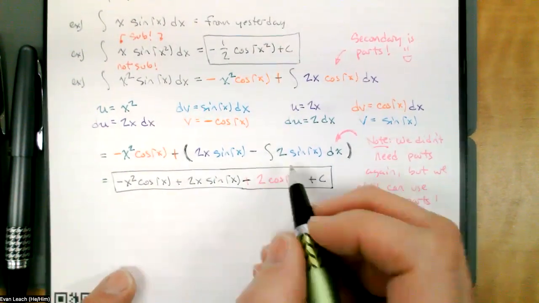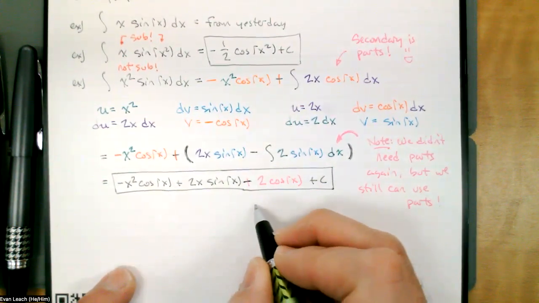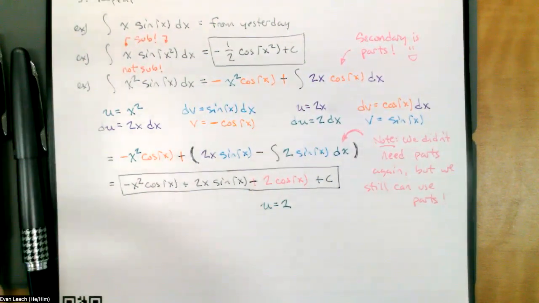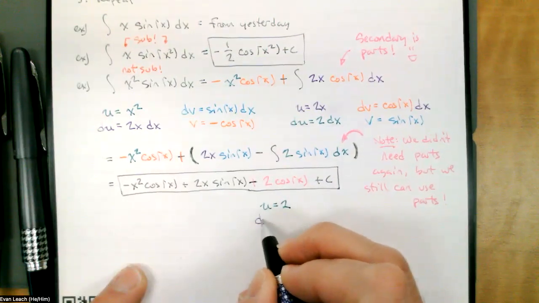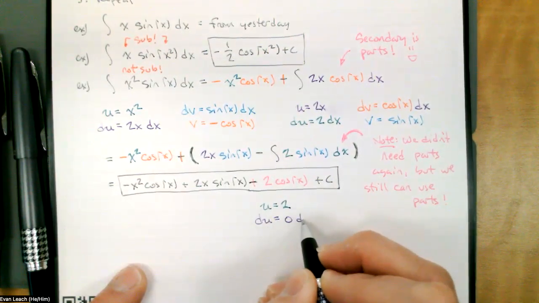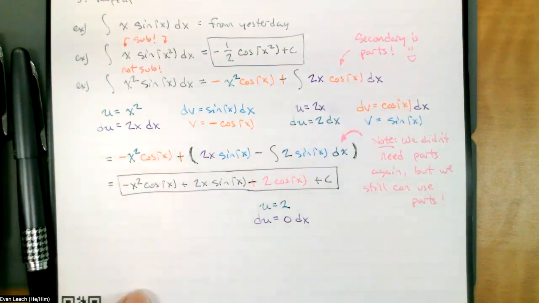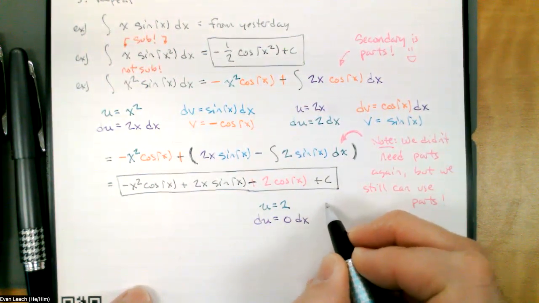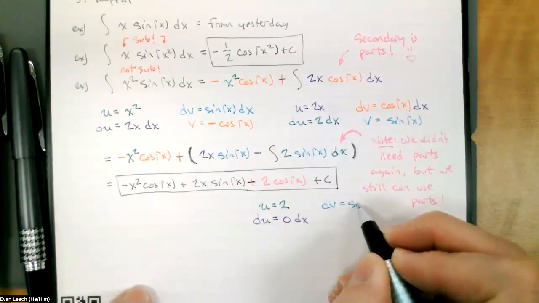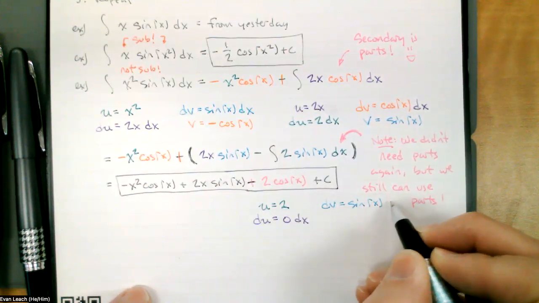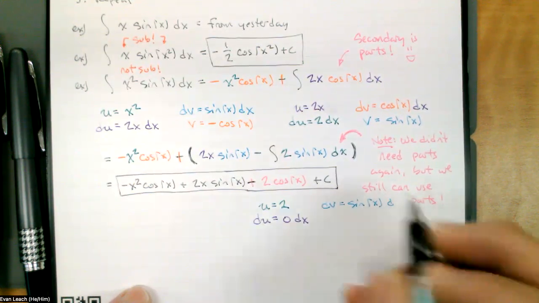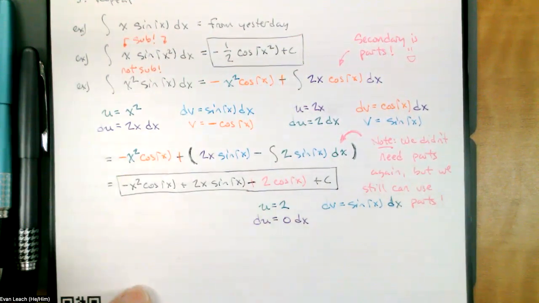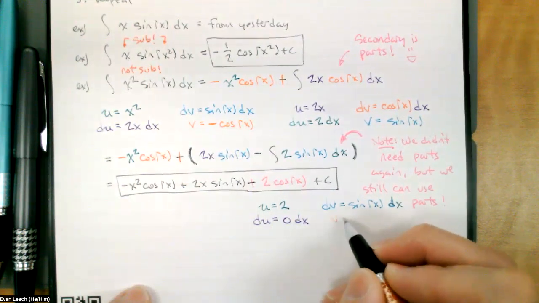I'm going to set u to be the 2x. Sorry, u to be just 2. And then du is 0. This means that dv will be sine of x dx, and v will be negative cosine.